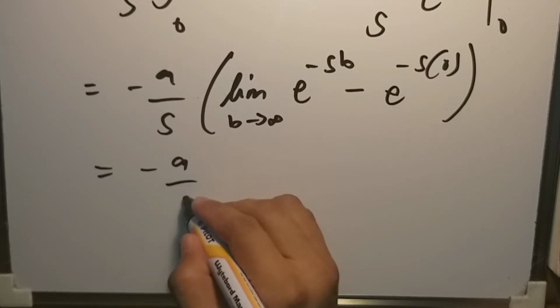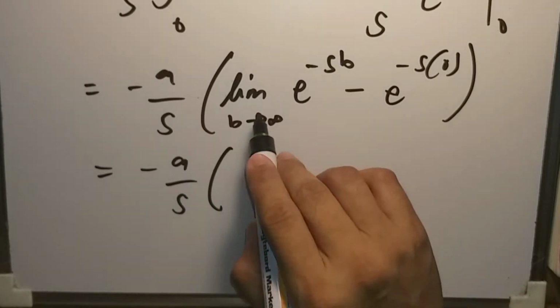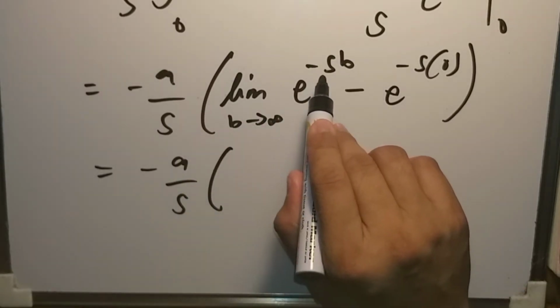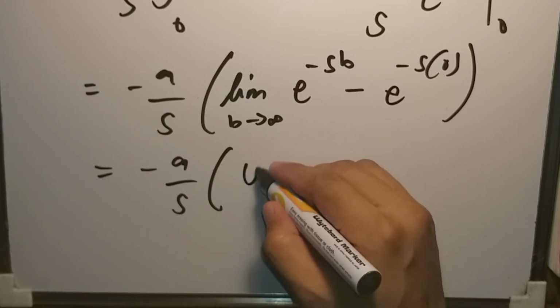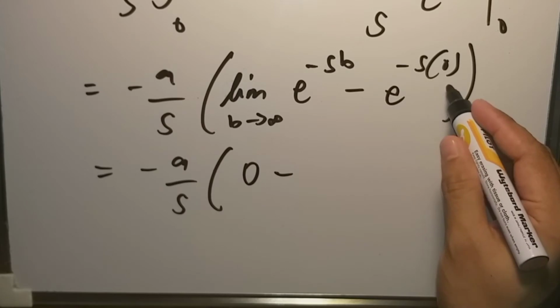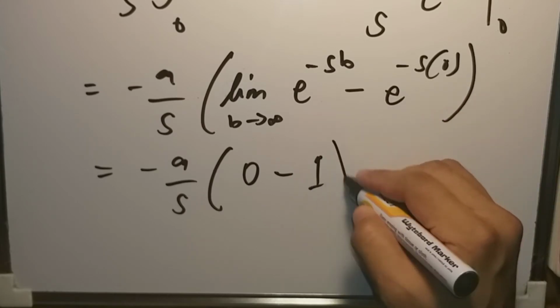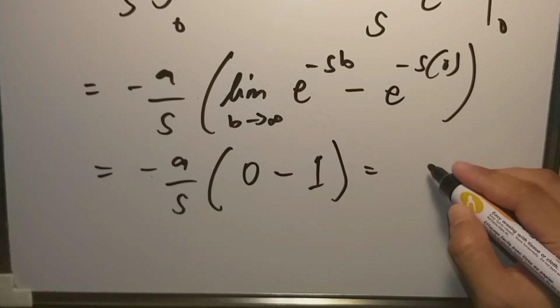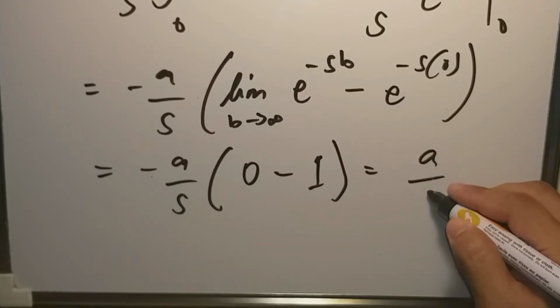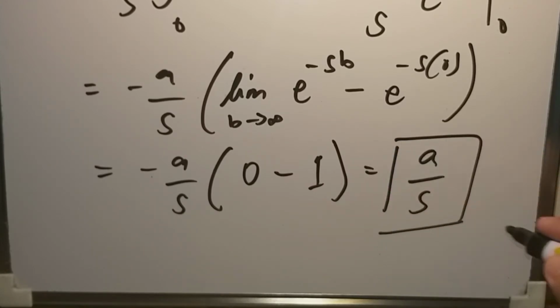The limit of e to the negative sb as b approaches infinity is 0, then minus, this is 1. So negative times negative is positive. So the final answer would be A over s.